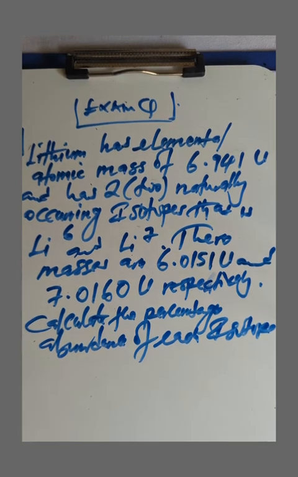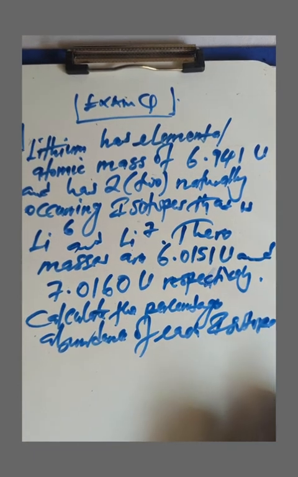So lithium has an elemental atomic mass of 6.941 U and has two naturally occurring isotopes, lithium 6 and lithium 7, and their masses are 6.0151 and 7.0160 respectively. They want us to calculate the percentage abundance of each isotope.